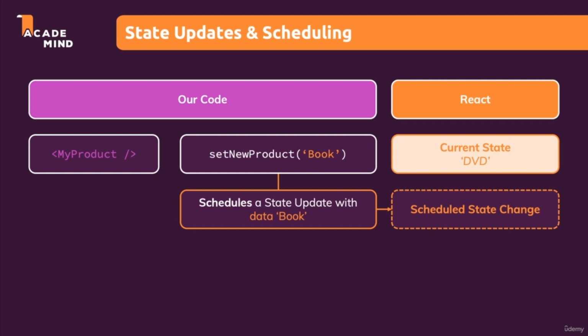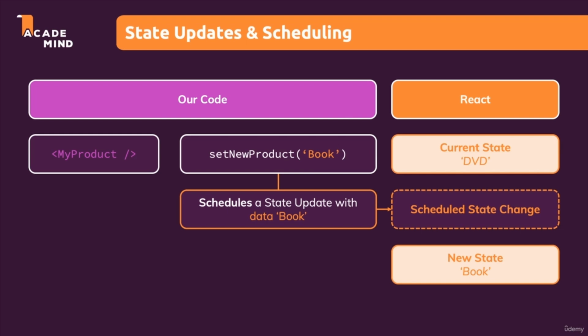So if we call setNewProduct again and we set this to, let's say, carpet or whatever, then this state change would not be performed before the previous state change. So the order is kept, but it's not necessarily executed immediately. Eventually, of course, it will be processed and your new state will be book.